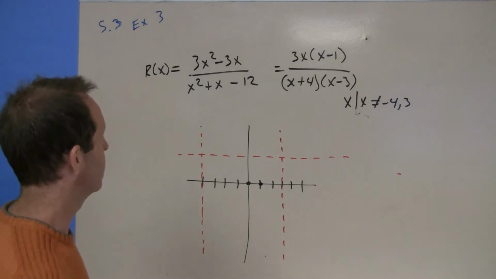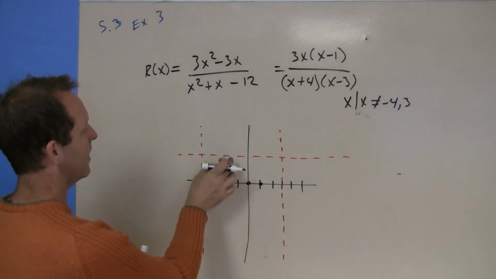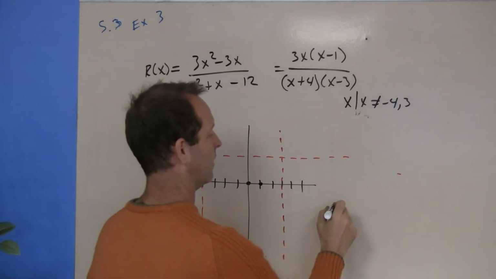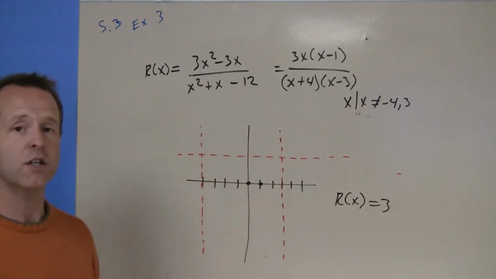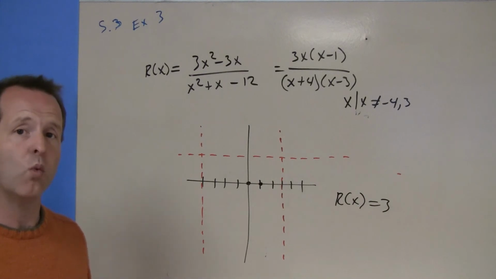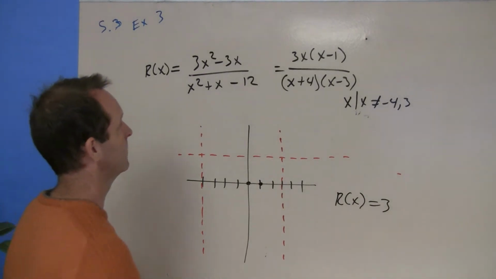I also want to find out, is there anywhere on this graph that it passes through that particular asymptote? To find that out, I want to take y equals 3, that line, and I want to evaluate the function to find out is there a place somewhere that I do cross through.